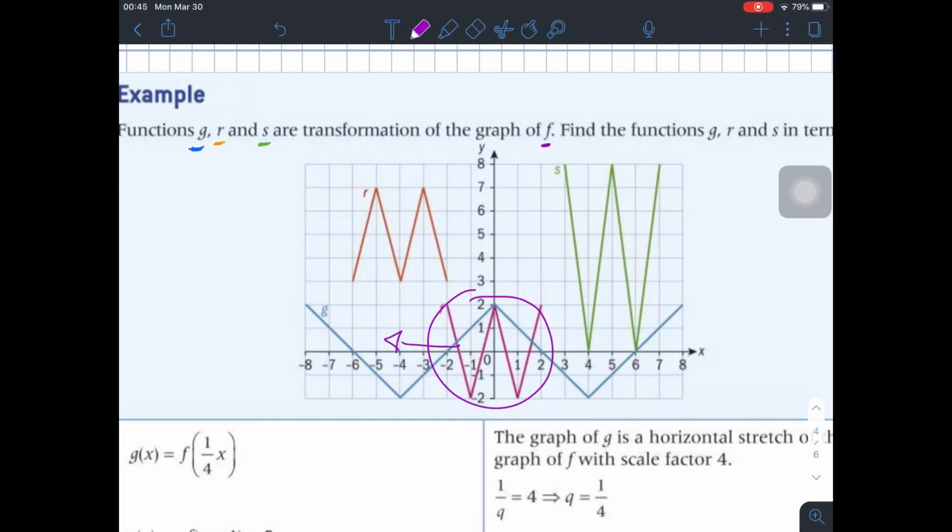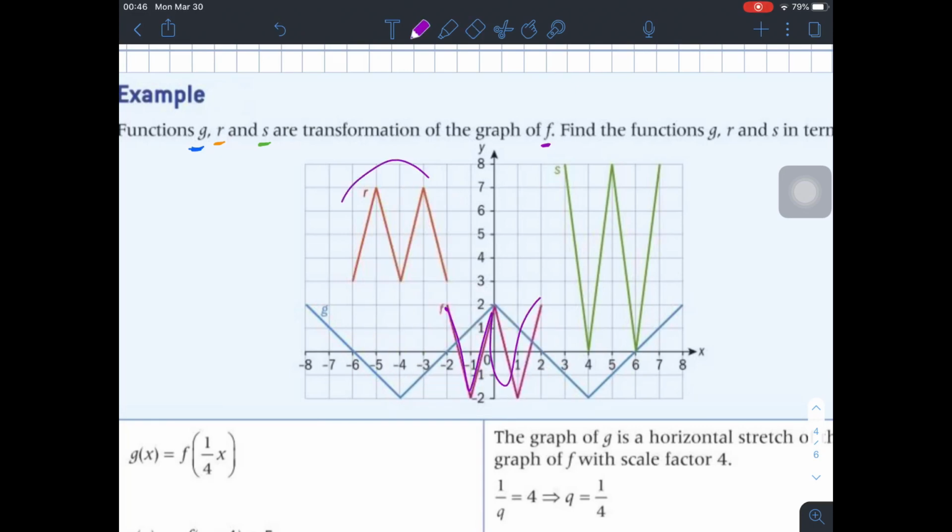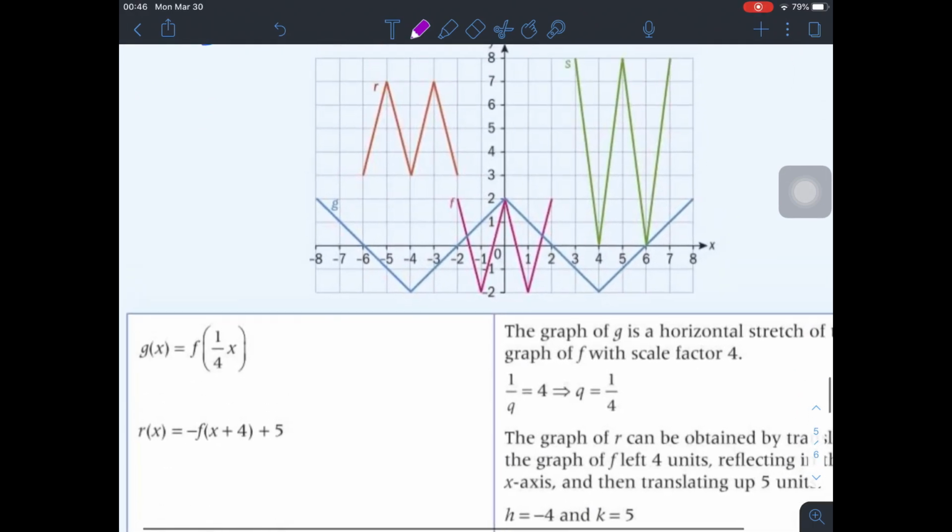The function is translated first an amount of units to the left, then it is reflected, because you see that here we have a W, but this is an M, right? So it is reflected with respect to the x-axis, and finally it is shifted upwards a certain amount of units, okay? So there are 3 transformations in order to get the function f to a function r, okay?